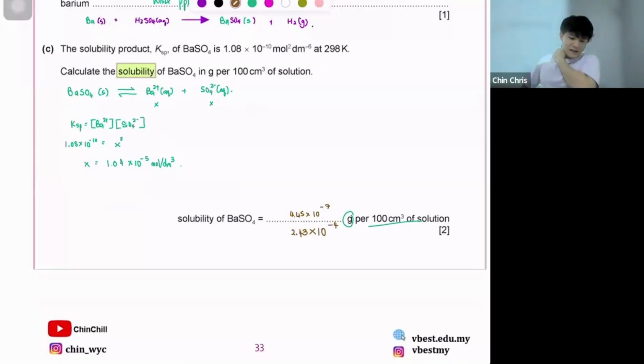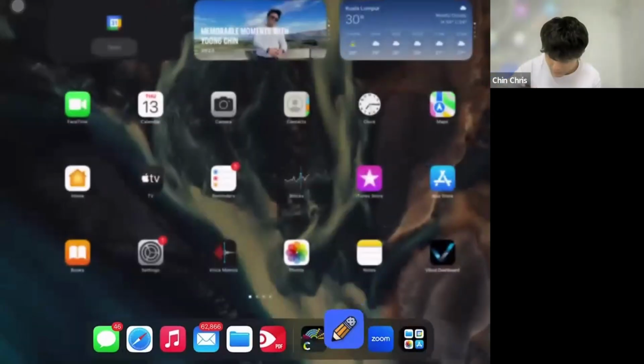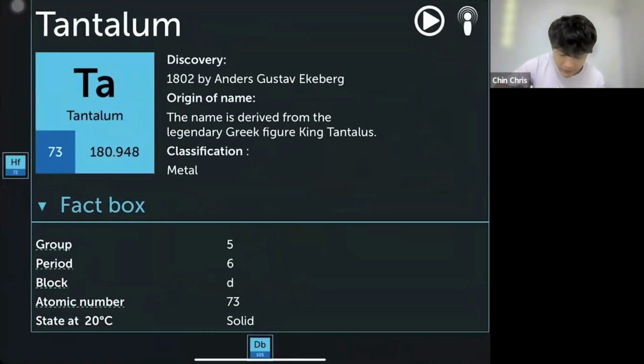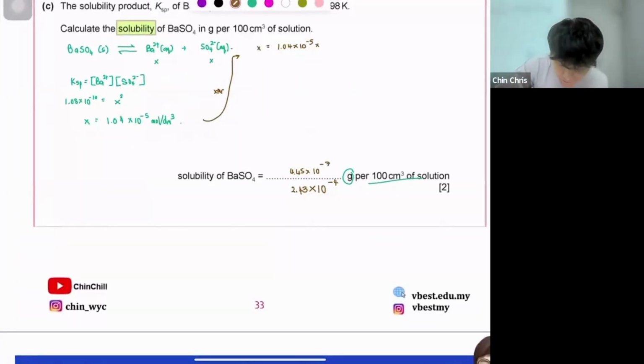So guys, let's turn it into gram per dm cube by multiplying the Mr first. There is how much? 137.